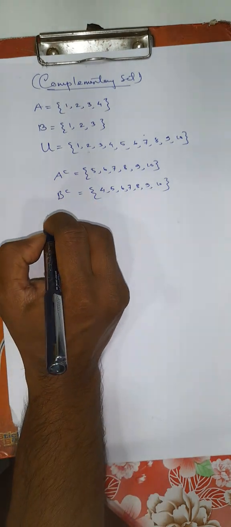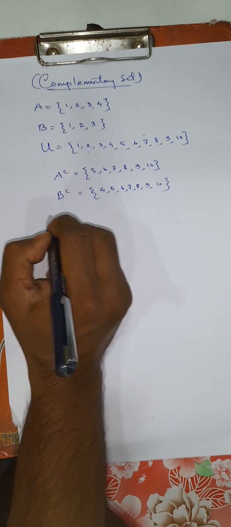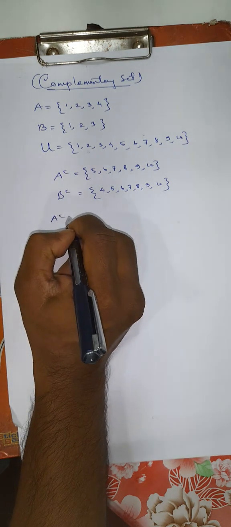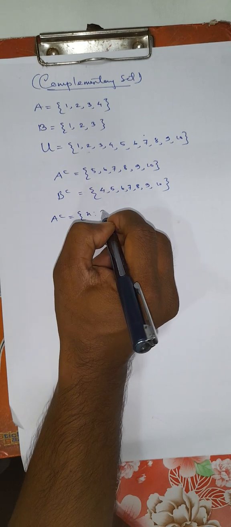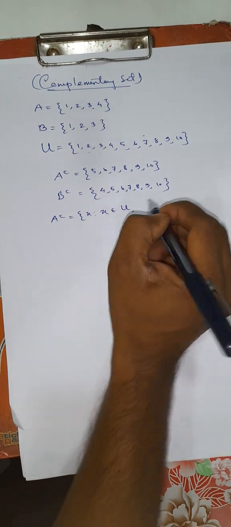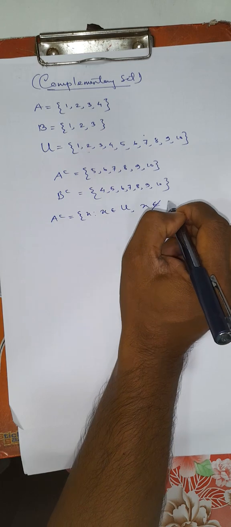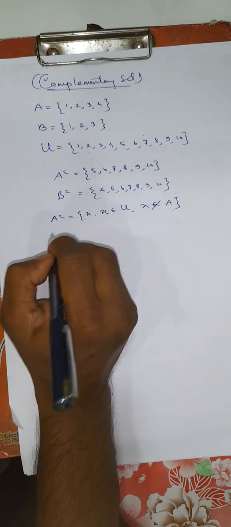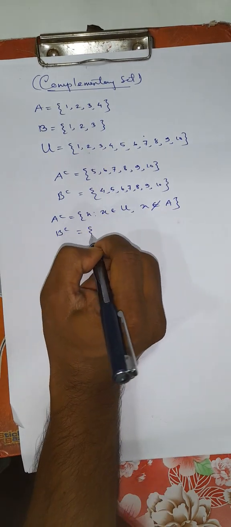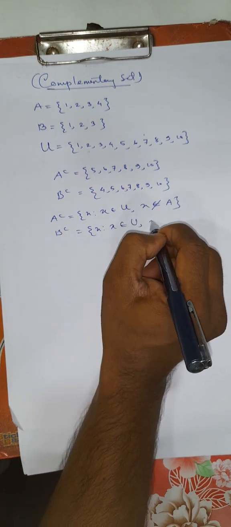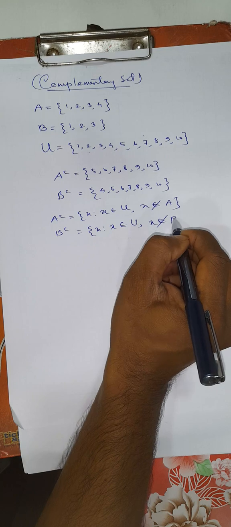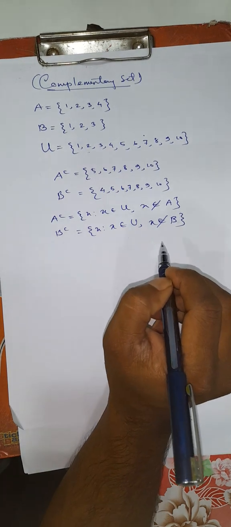So you can define A complement equal to x such that x belongs to U, x does not belong to A. Similarly, B complement equal to x such that x belongs to U, x does not belong to B, right?